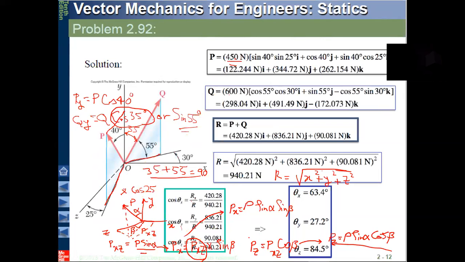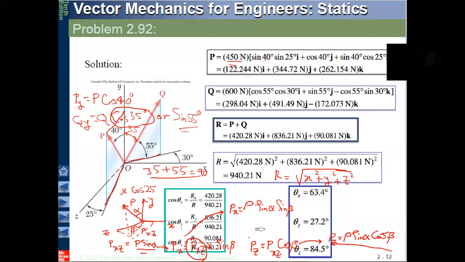You have P, the magnitude of the P vector, and the term in the bracket is the unit vector for force P. And as I told you, you can derive Px by multiplying P by sine of alpha and sine of beta.